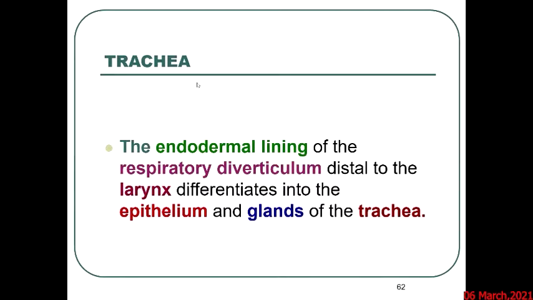So trachea is 13 centimeter in length in adult. Starts from the lower border of the cricoid cartilage anteriorly and from the 6th cervical vertebra posteriorly. Trachea lies within the superior mediastinum, then at the 5th thoracic vertebra and a little portion in the middle lower inferior mediastinum.